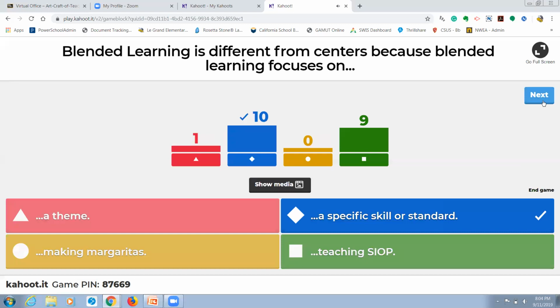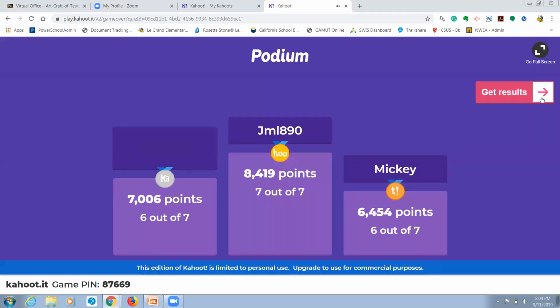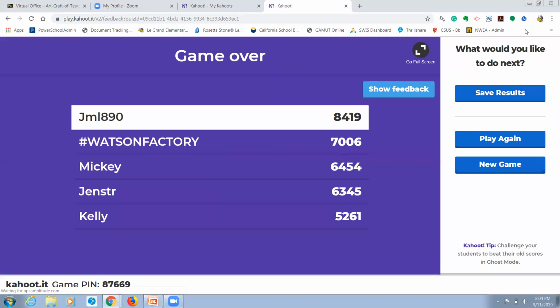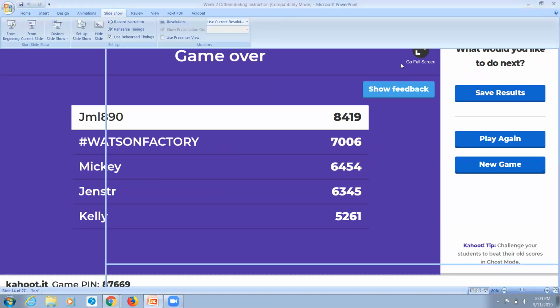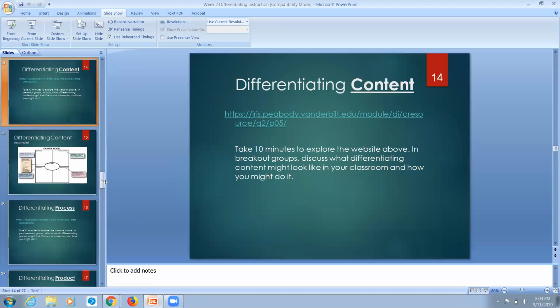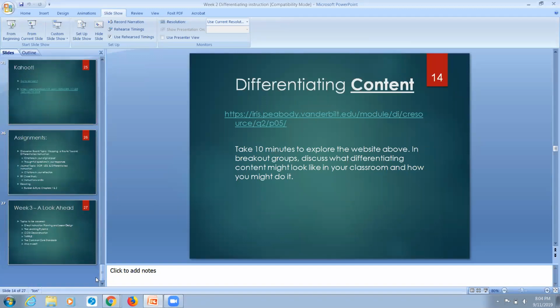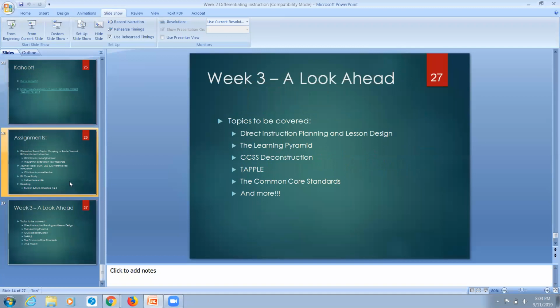Very good, very good. The winner tonight, JML 890. Watson Factory comes in second, and Mickey rounding it out third. Excellent job, everybody. We're gonna shut that off there, and I'm gonna pull up my last slide as we look at assignments.